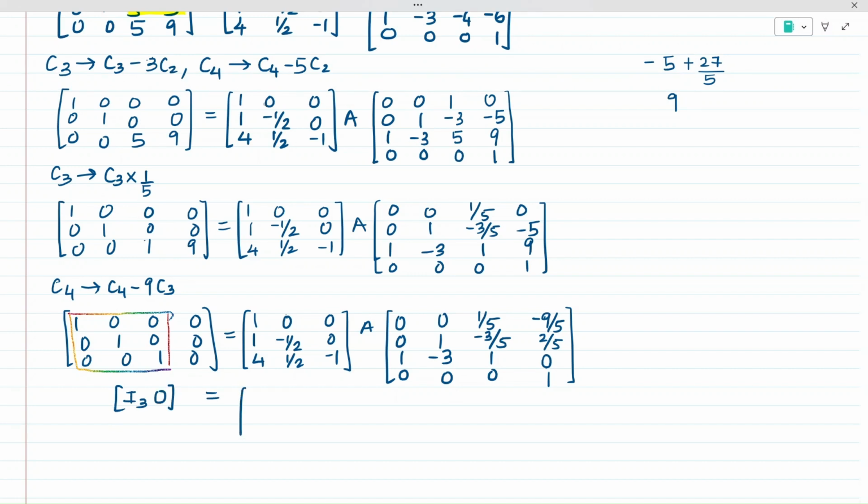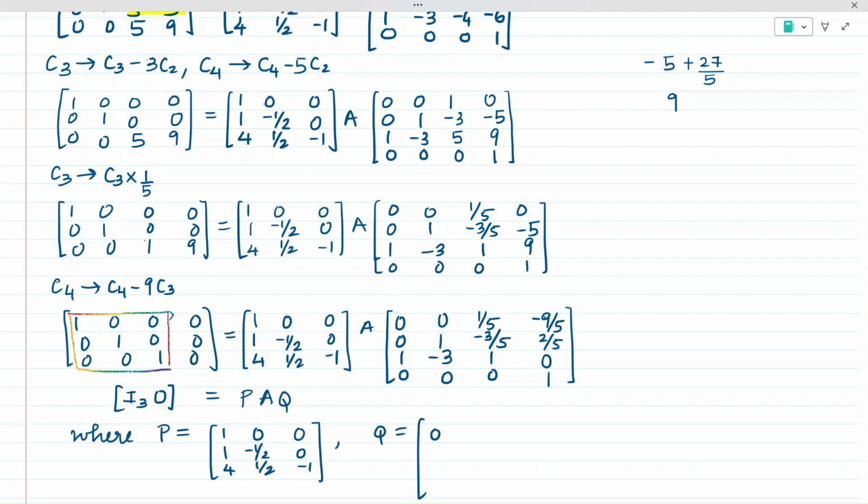And whatever you got on the right-hand side, we call it PAQ, where P is 1 1 4, 0 negative half, positive half, 0 0 minus 1, and Q is 0 0 1 by 5, negative 9 by 5, 0 1 negative 3 by 5, 2 by 5, 1 negative 3 1 0, and lastly 0 0 0 1.